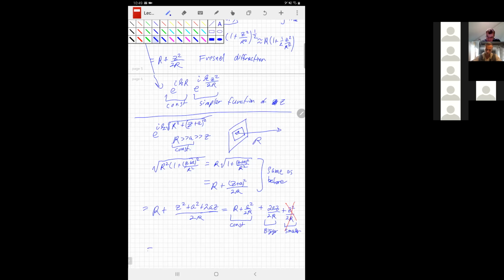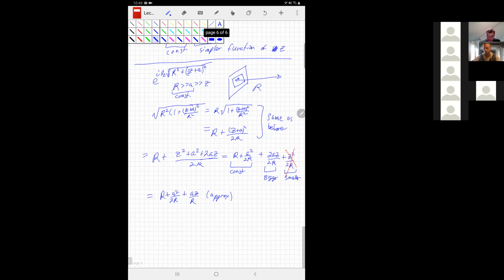And what we're then left with is r plus a squared over 2r plus az over big R. This is approximate, but it's often a very good approximation. And so now we have e to the i k r, e to the i k a squared over 2r.